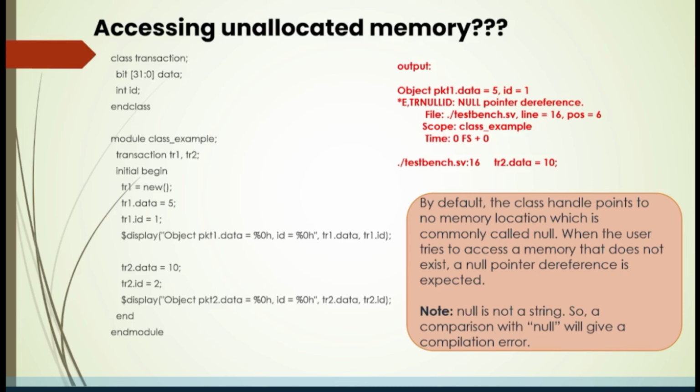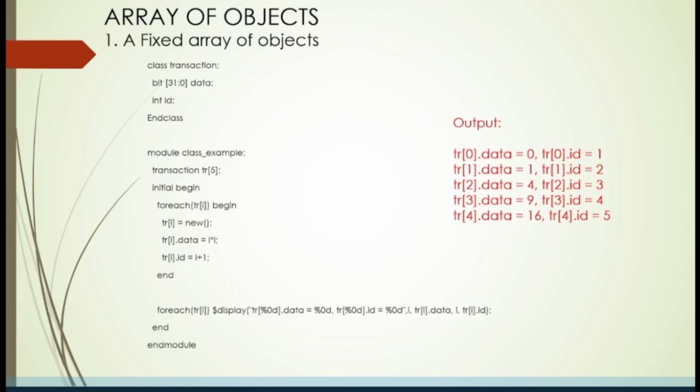Since there are only two handles, I have just written them as tr1 and tr2. For example, if I want 10 or 15 handles, I can't give every name like tr1, tr2. I can't name all the handles this way because it is such a hassle. So in order to avoid it, we are taking the help of the arrays concept. See the example here, class transaction.